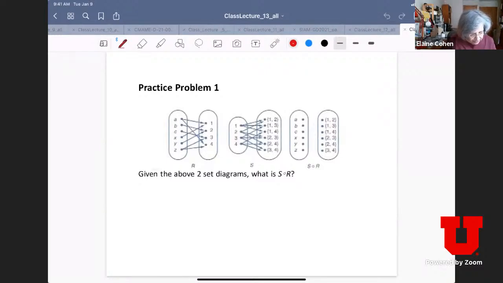I have R that goes from the first set to the second, and S that goes from the second to the third. And we want to know what the composition is of S of R. Does anyone want to start out and give me some clues where we are here?